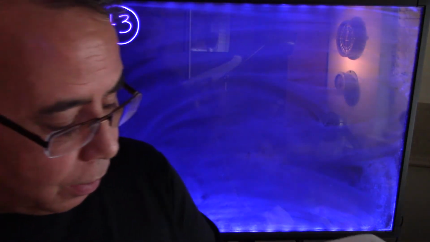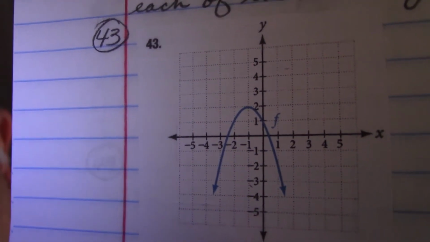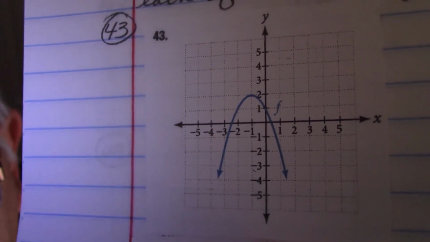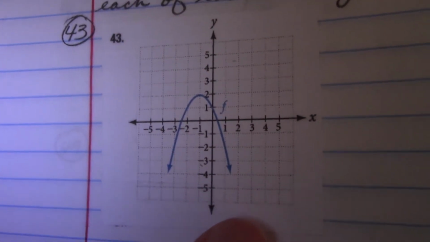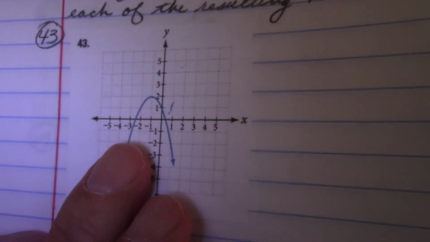Number 43. For the following exercises, use the graphs of the transformation toolkit functions to write a formula for each of the resulting functions. All right, so here's 43's graph right there. So this looks like y equals x squared, the parabola, but it's open downward and there's some shifting going on.